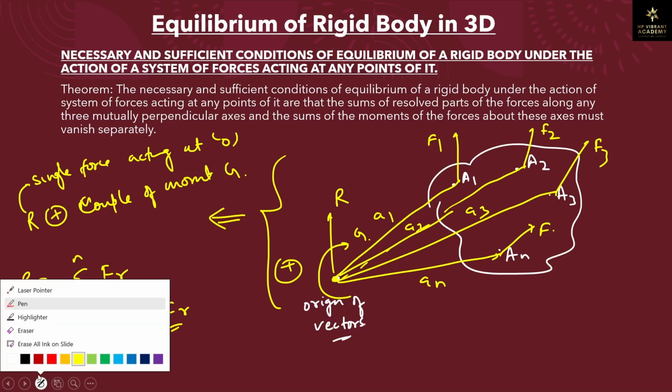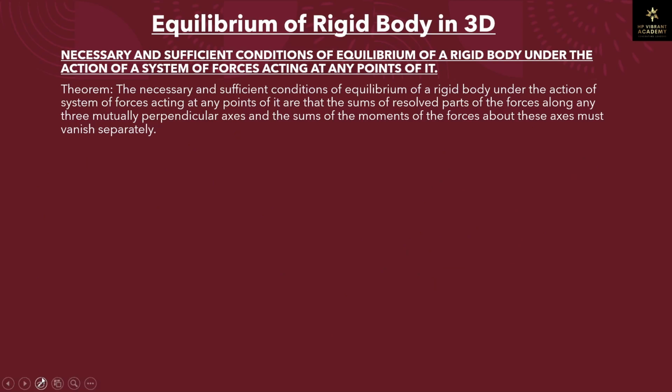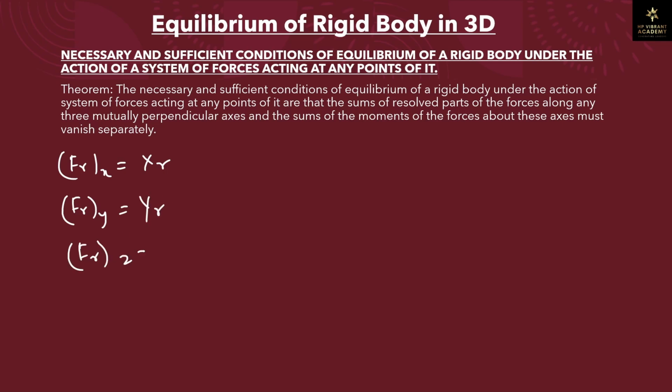Let us further simplify this. Let us consider the resolved part of Fr along the x direction as xr, along the y direction as yr, and along the z direction as zr. So we have Fr as xr i cap plus yr j cap plus zr k cap.